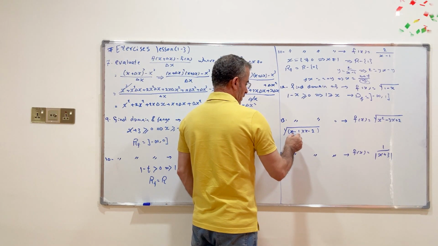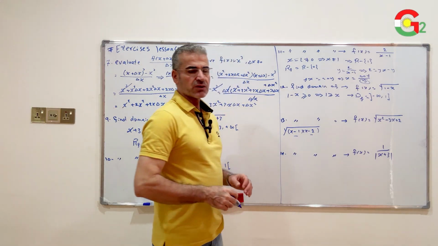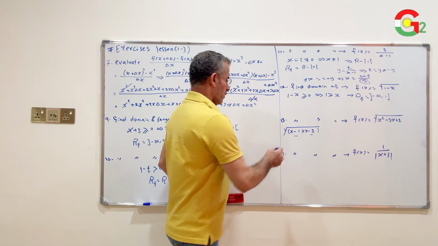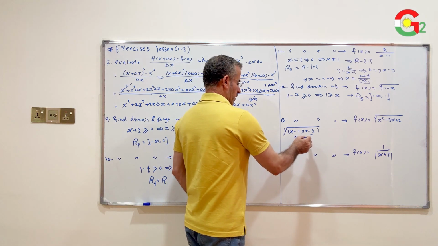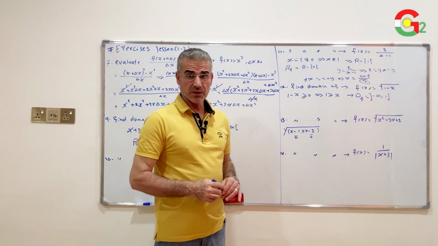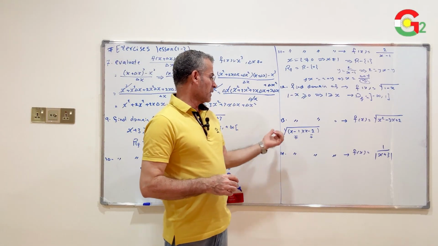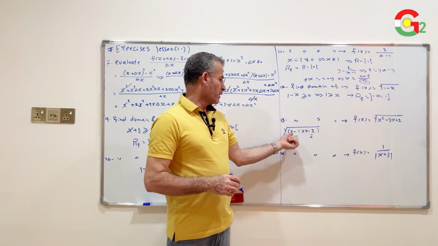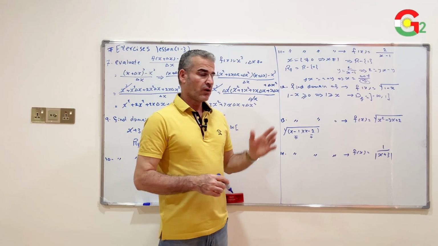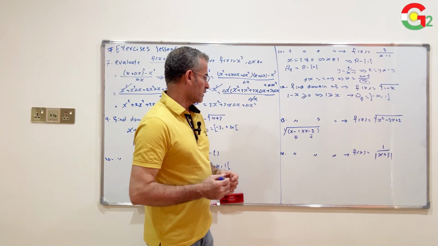Either the bracket x minus 1 is negative and the bracket x minus 2 is also negative, then negative times negative is positive, or the first bracket is positive and the second bracket is also positive, then positive times positive is positive. I neglect the case when one bracket is negative and the other is positive.